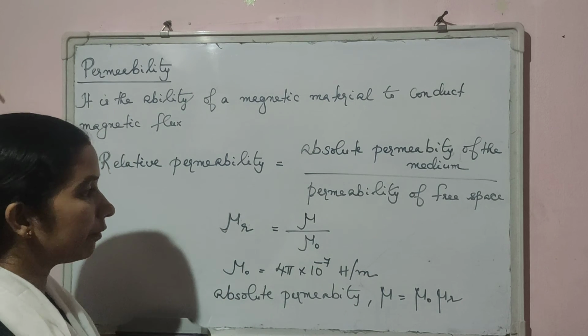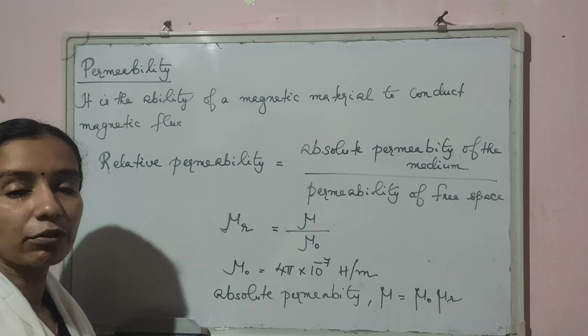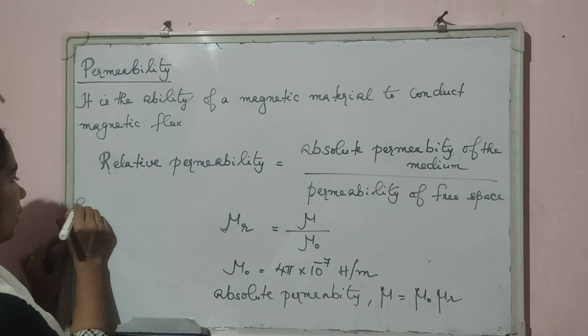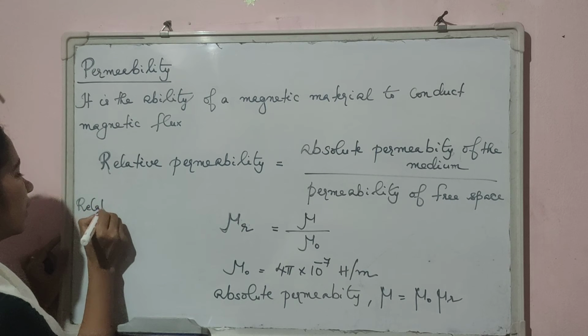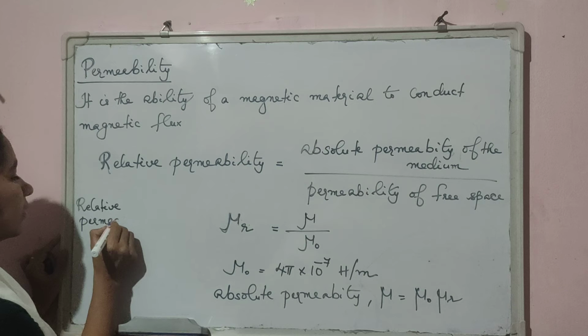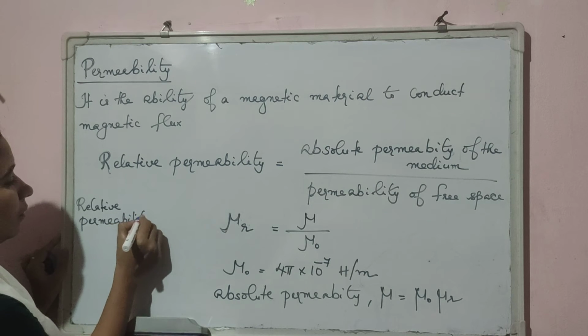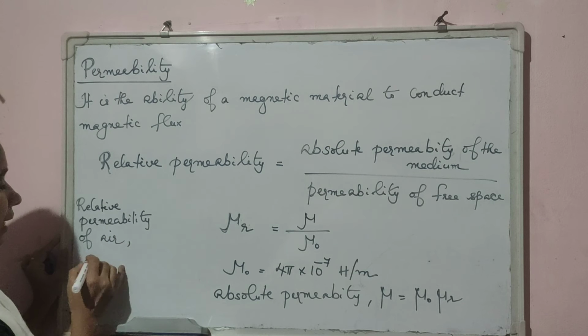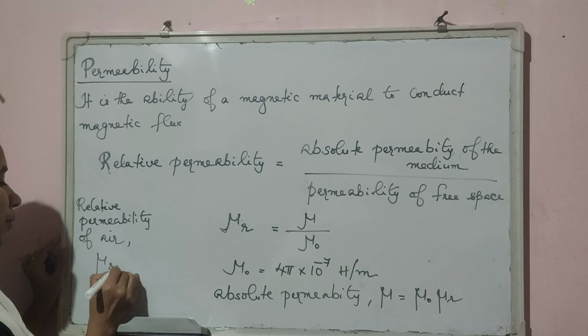Now what will be the relative permeability of air? So let us see that. We have to calculate the relative permeability of air. Relative permeability is denoted as mu r.